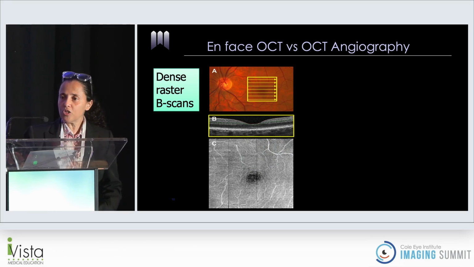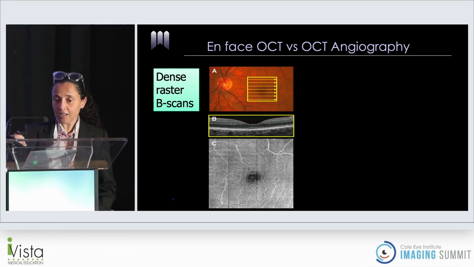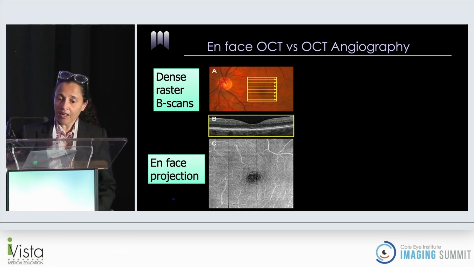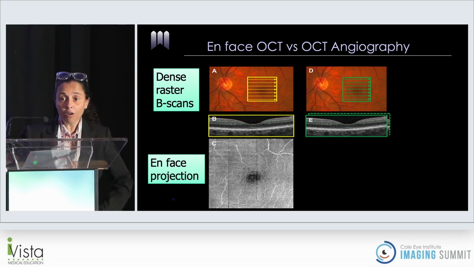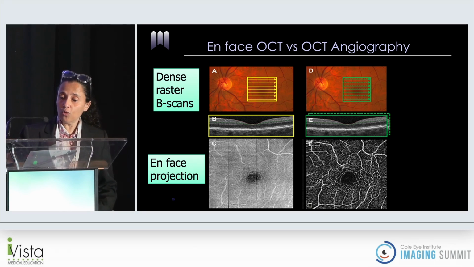And compared to OCT, where you get a dense raster, each scan is done once and then projected en face. In OCTA, you get 2 scans in each location, and you subtract what's not moving, and you only show what's moving, and then you project it, and it's the angiogram.